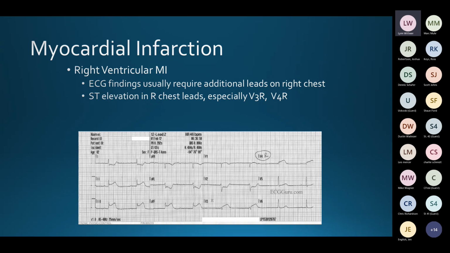So the right ventricle is involved in this, although strictly speaking, the inferior portion of the left ventricle has also been supplied by that right coronary. So to do a V3R, V4R, you simply take V3 from the left side, put that lead on in the V3 spot on the right, and then similarly for the V4.